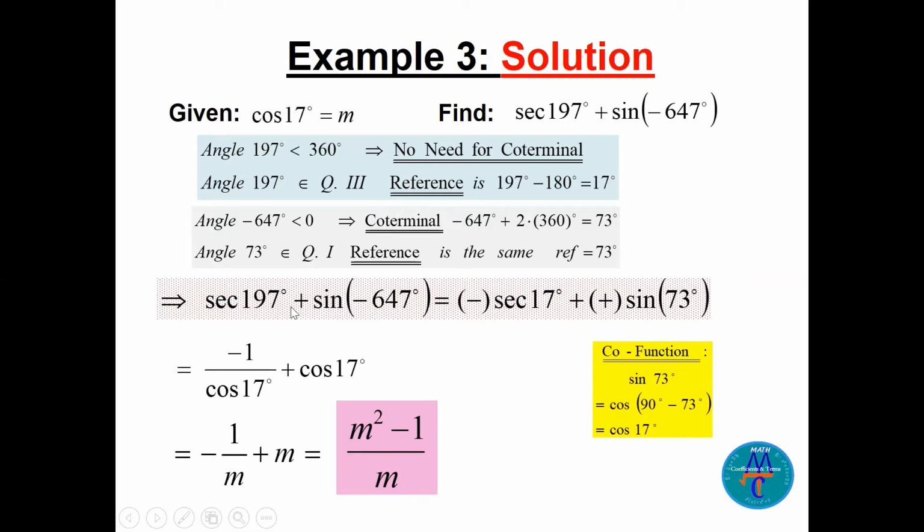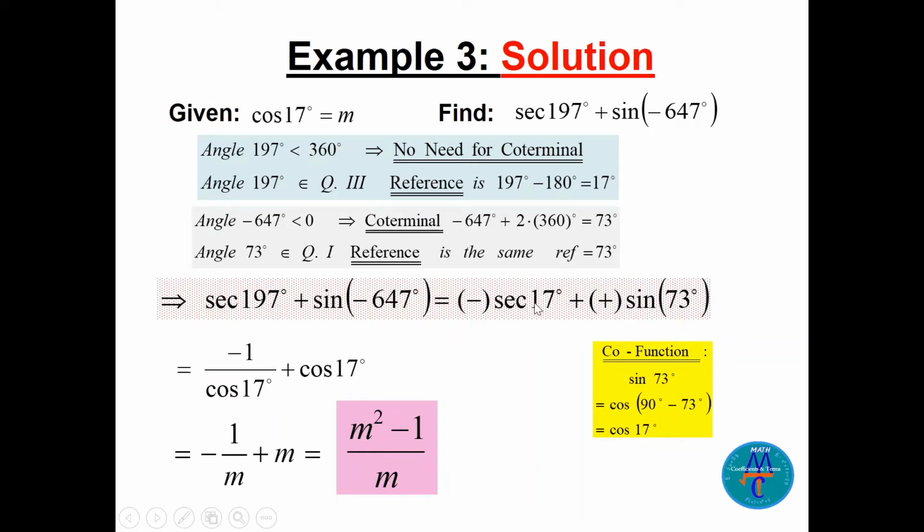Now, secant 197, we can start there. This is in quadrant 3, so the secant is negative, so we put minus. Secant of 17 here, the reference. Now, there is a plus here from the question, and then sine: the coterminal and the reference both lie in quadrant 1, so that's plus sine 73 degrees.